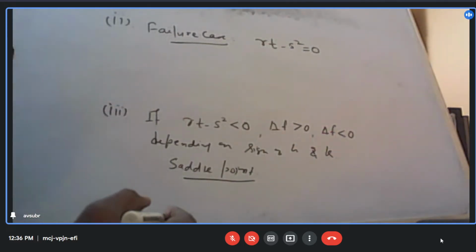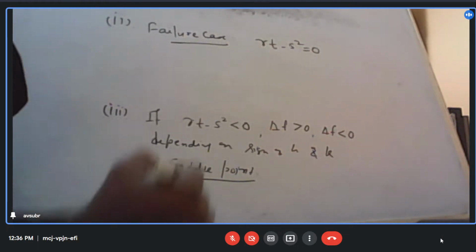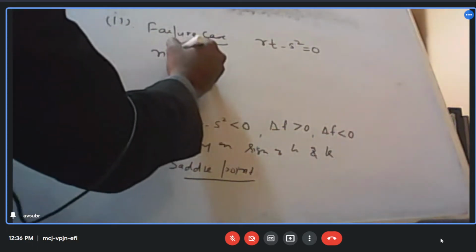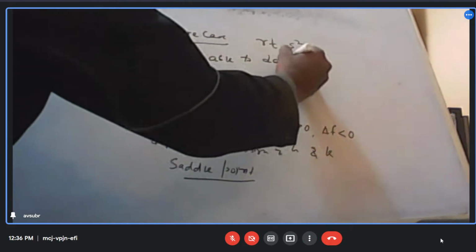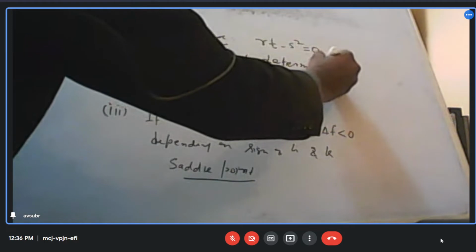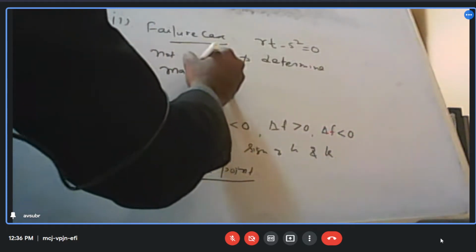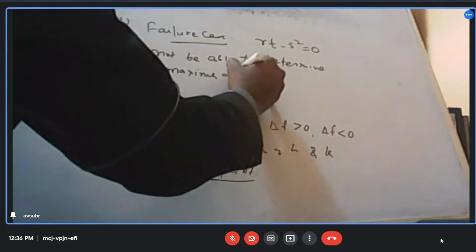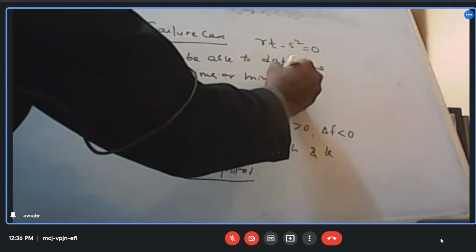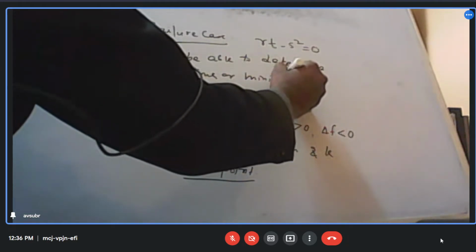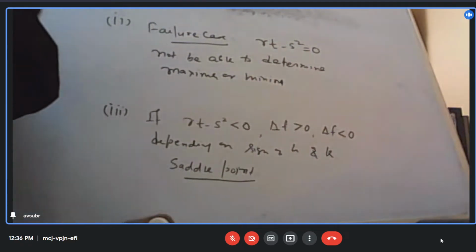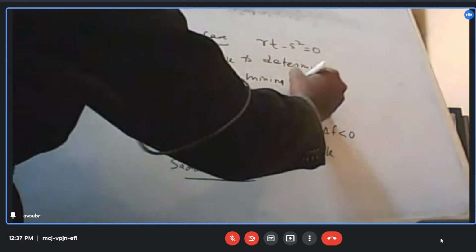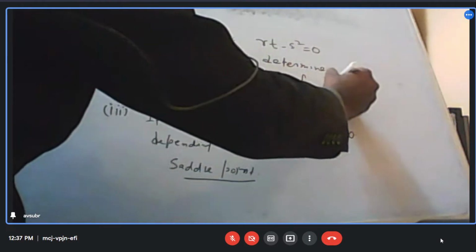Then in that case, we shall not be able to determine maxima or minima. And in this case, further investigation is required.